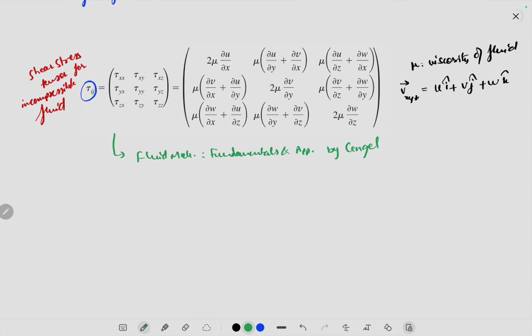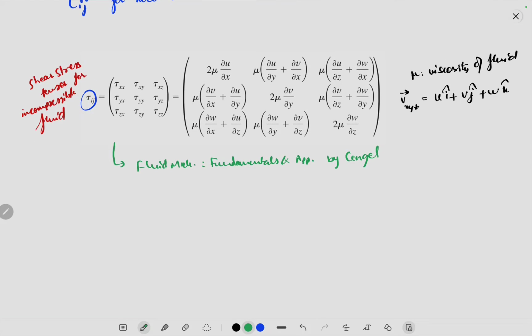Okay, and if you are interested in knowing the derivation of this tau ij, please see the book Transport Phenomena by Bird, Stewart and Lightfoot. Okay, in section 1.2 you can see the outline of this derivation.